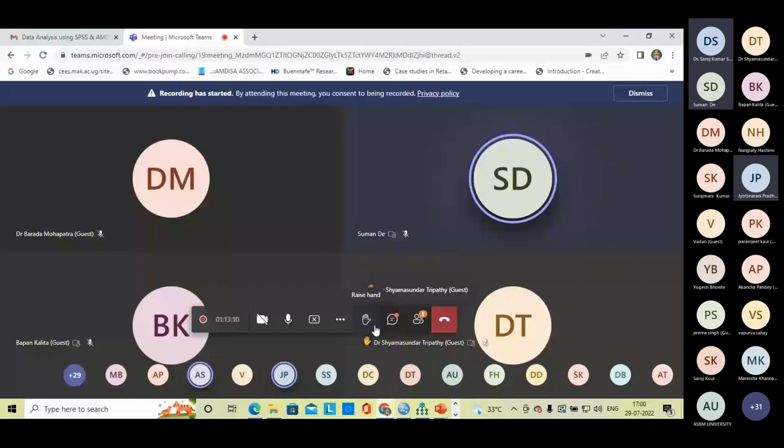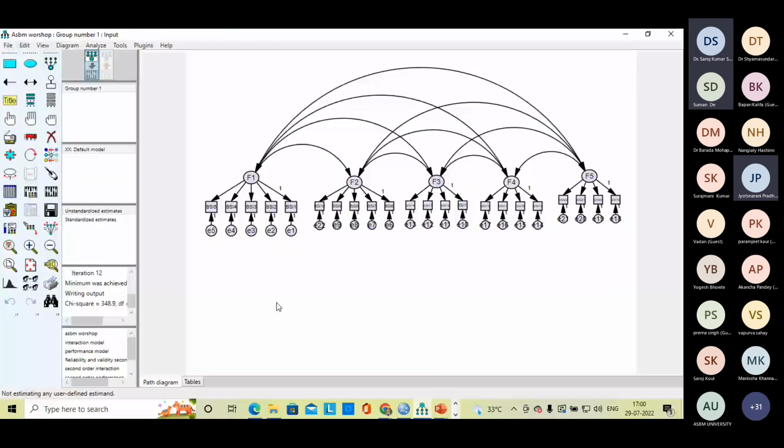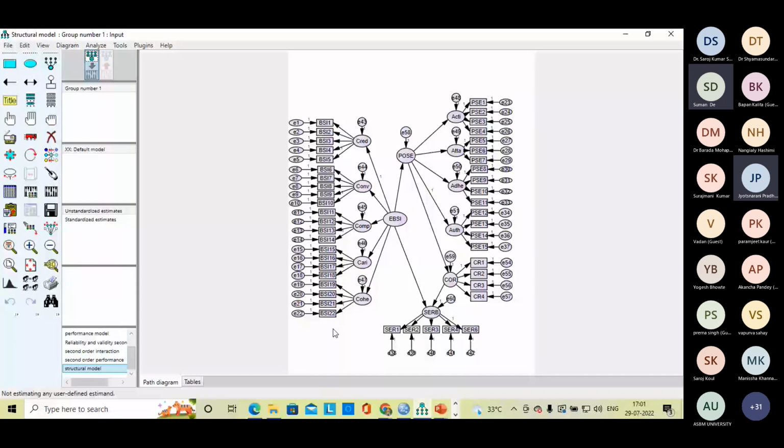So after the measurement model, we need to go to structural equation modeling. I have already explained. Look at my scholar's structural model. From day one, I have explained buyer-seller interaction.